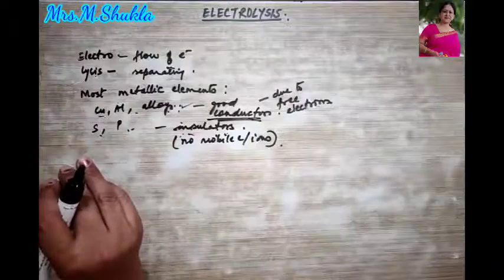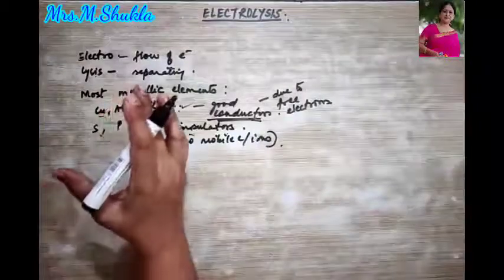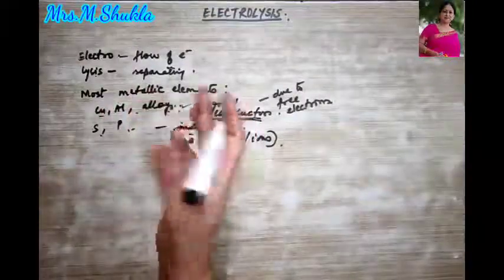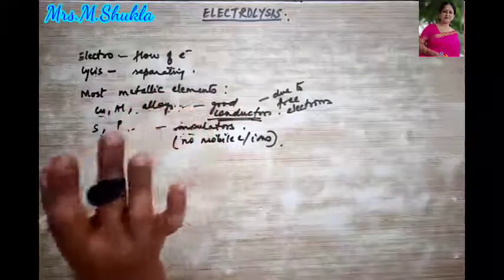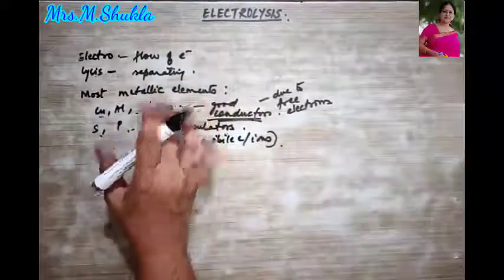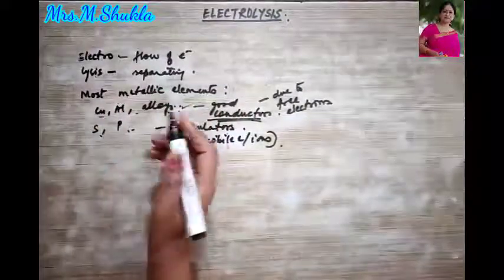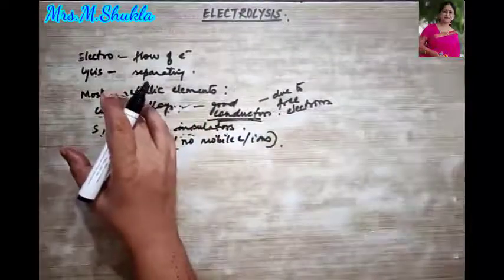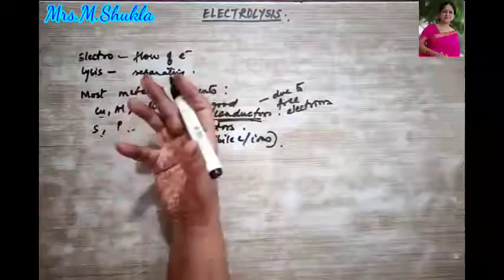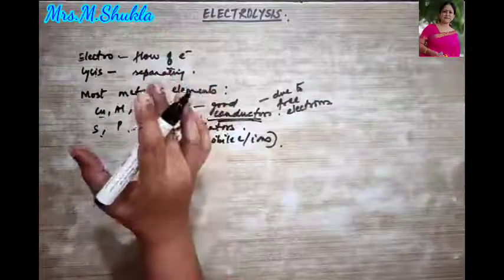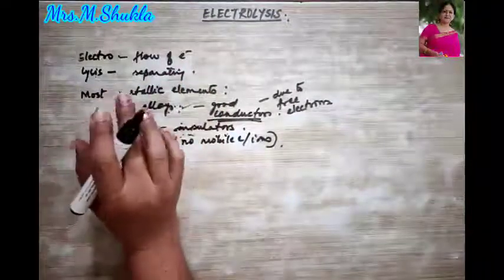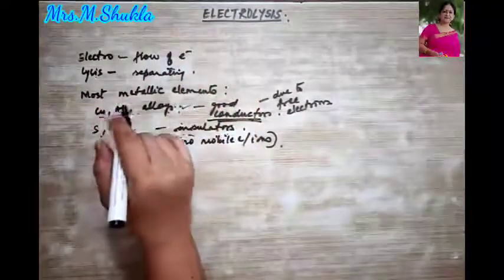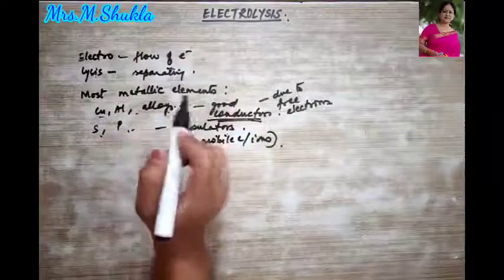Now I'm going to talk about some chemical compounds that behave very differently when an electric current is passed through them. Some of the compounds conduct electric current in the aqueous state or in the molten state, but they do not allow the electricity to pass through in the solid state.